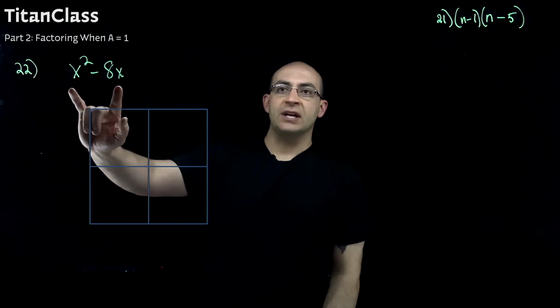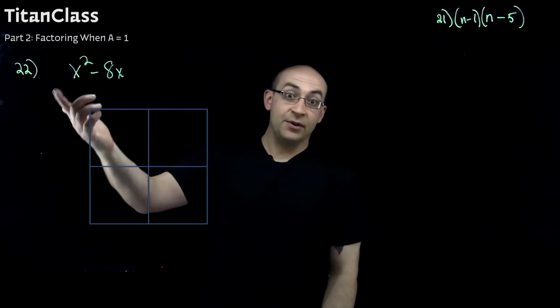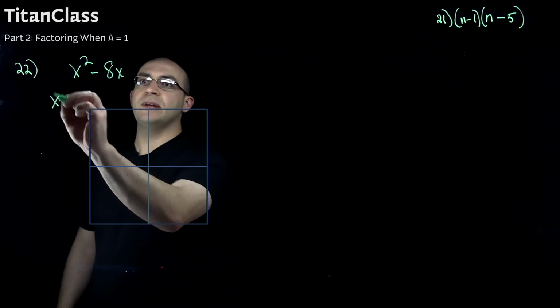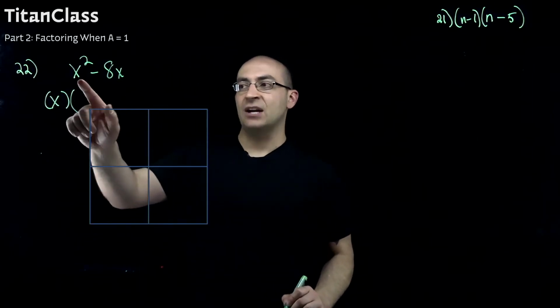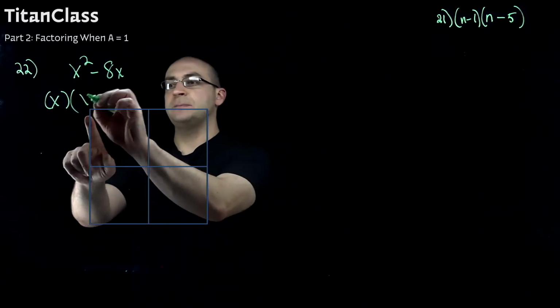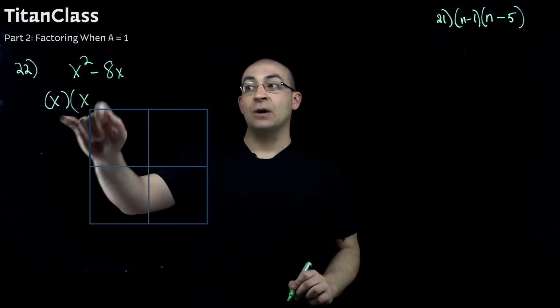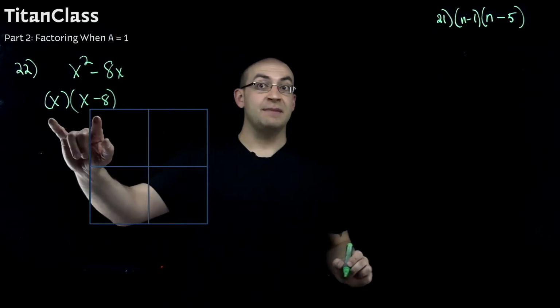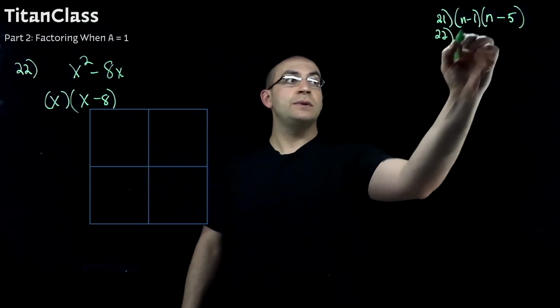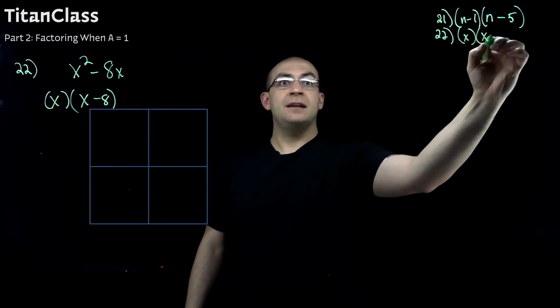What do both these things have in common that I can factor out? They both have an x, right? So I'm going to take the x out, put that in parentheses by itself. What's left over? When I take x out of x squared, x is left. When I take x out of negative 8x, negative 8 remains. Done deal. That's my factors. 22 is going to be x and x minus 8.